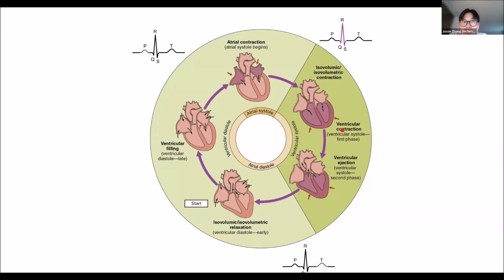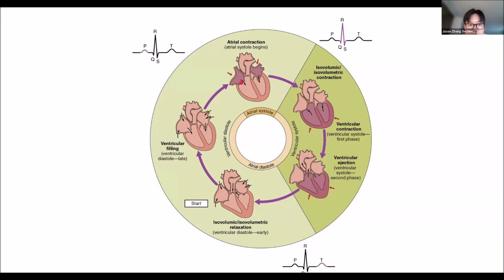The main thing to note is that for ventricular filling, like 80% happens passively through gravity, where the blood, so let's start here, will passively flow from the atria to the ventricles, just from the power of gravity. And then at the end of this part, the atria will contract and squeeze the remaining 20% of the blood into the ventricles. So that's the atrial systole phase.